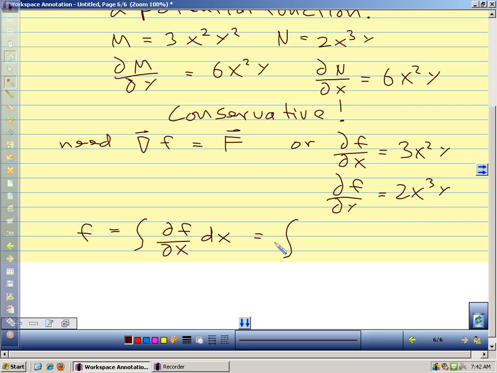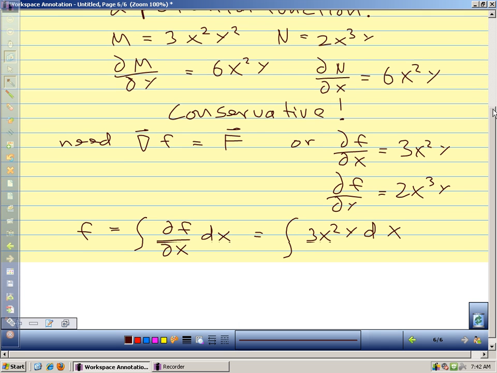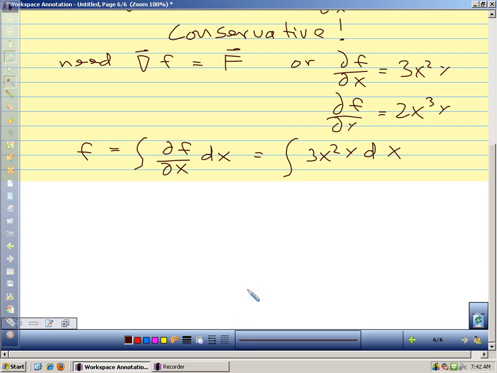So that has to be the integral of 3x squared y squared dx for my first equation. And we're going to have an integral for the second equation as well. So when we integrate this with respect to x, what do we get? X cubed.